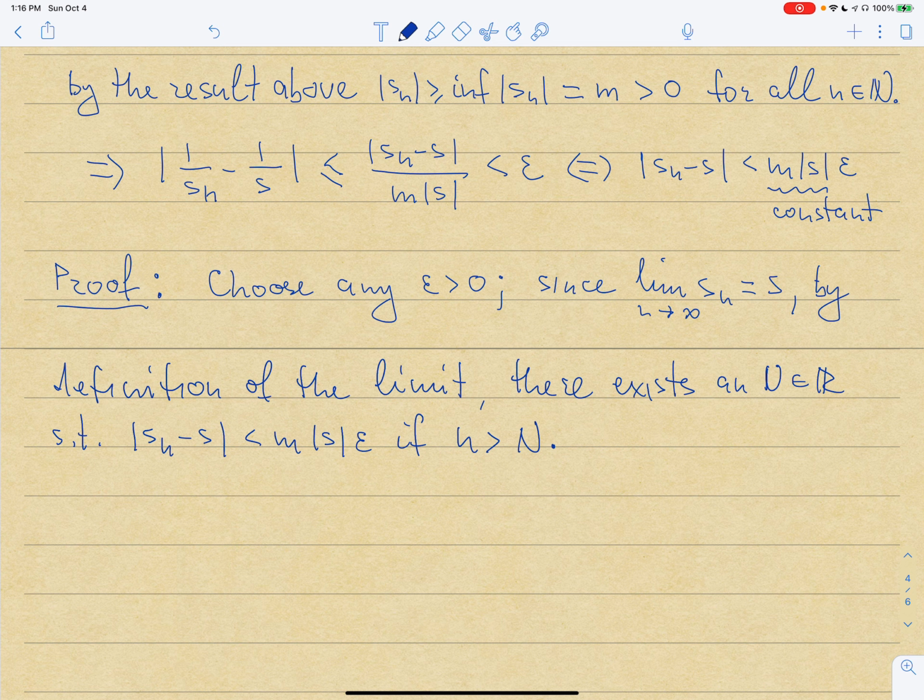So in particular, I can make this number m|S| epsilon.